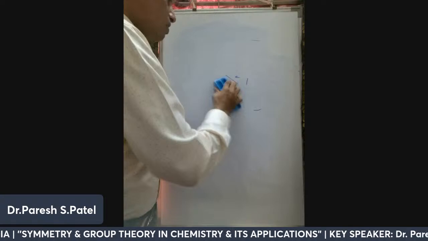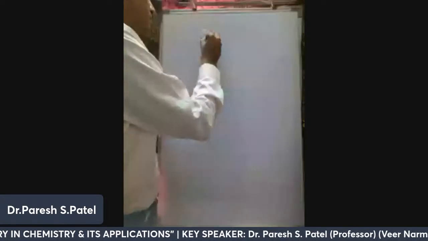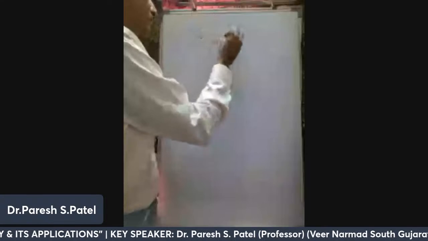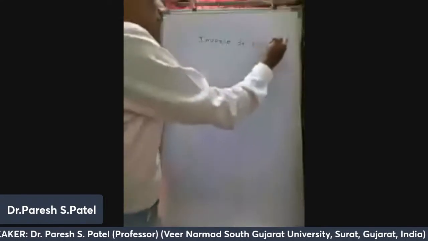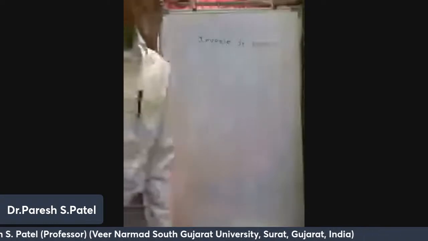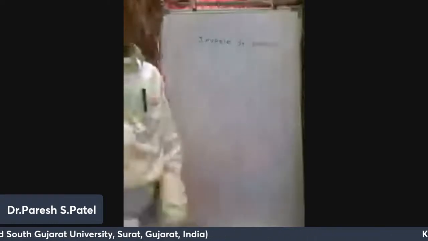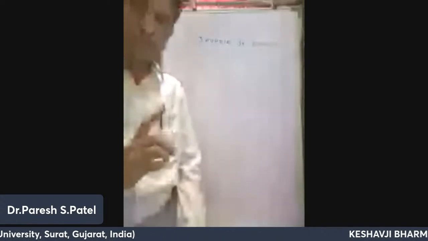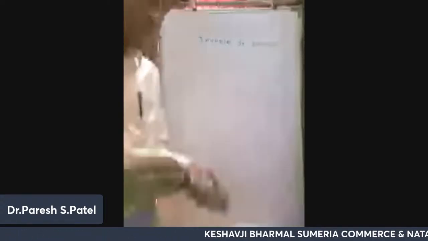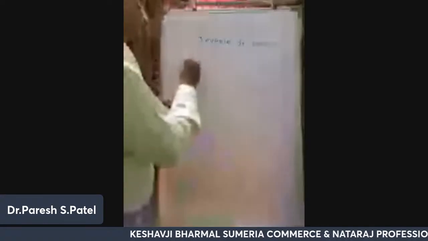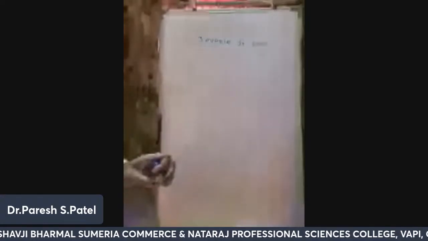Next title of this matrix, inverse of matrix. Now, to find out the inverse for the two-dimensional matrix and three-dimensional matrix, both are different. So first of all, how to find out the determinant for the two-dimensional matrix, that is also important.